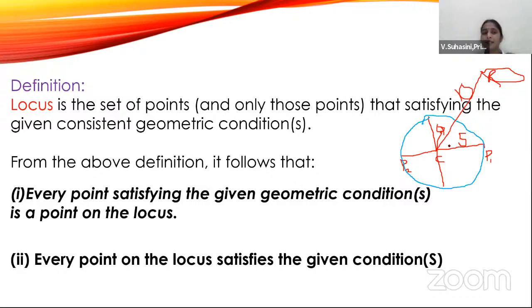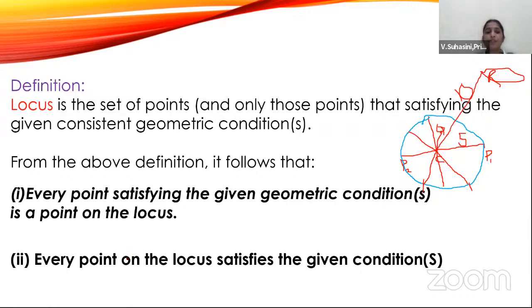Is that clear? And if a point is on the circle, suppose I take this point, what is the distance of this point from the center? 5. If I take this point, it is also satisfying the condition that it is at a distance of 5 centimeters from C. If I take this point, it is also 5 centimeters.